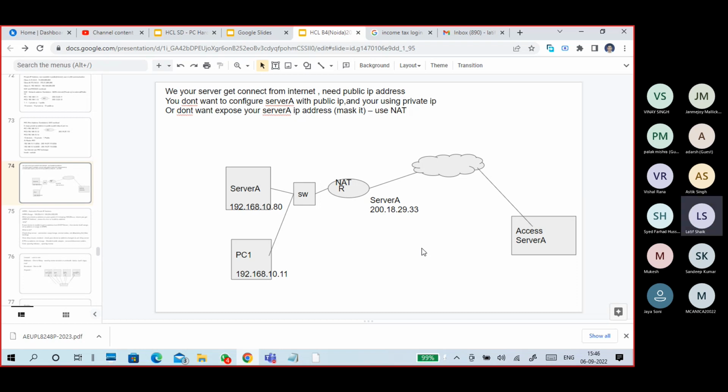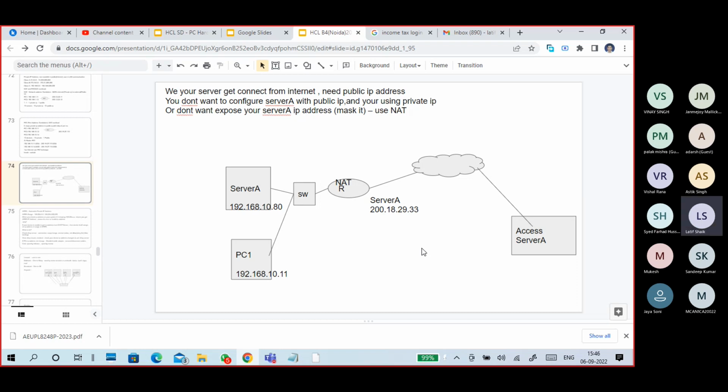So how are we communicating? We forward the packet to the router. The router does the NAT technique and forwards the packet to the destination, and based on that we receive the packet from the ISP to our devices.